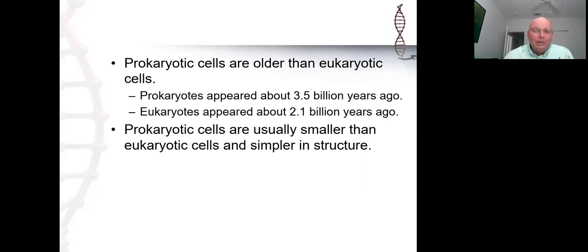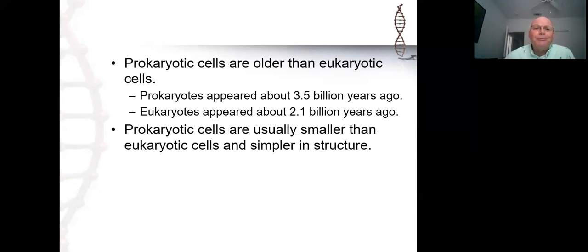But what that tells us is that prokaryotes were, number one, the first cell types to evolve. Number two, they've been here for the longest period of time. They dominated the landscape for over half the history of life on our planet.